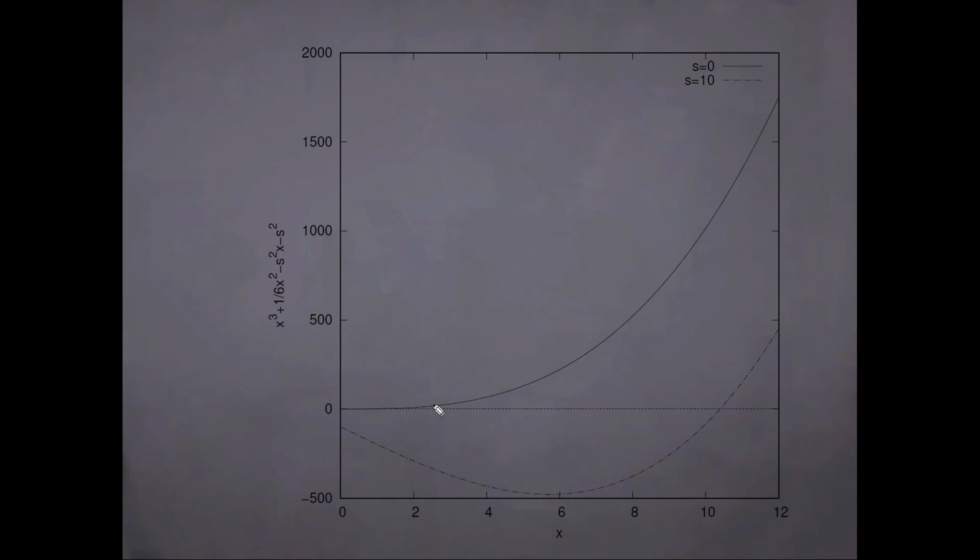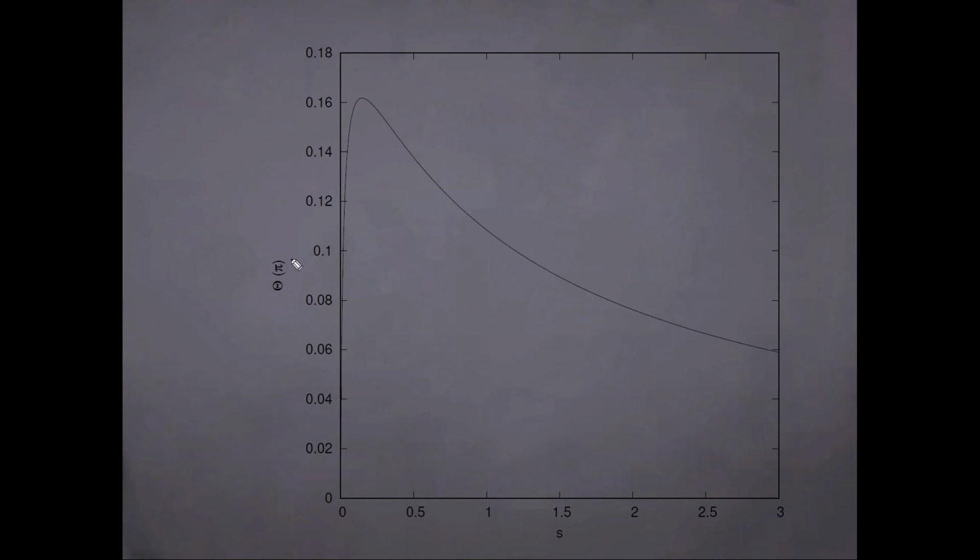So this would be the evolution of the expression when s is 0, and this is its evolution when s is equal with 10, and there is a root here. So in any case, this is found by the bisection method. I just wanted to illustrate where the roots are likely to be found for some reasonable value of the impact parameter.